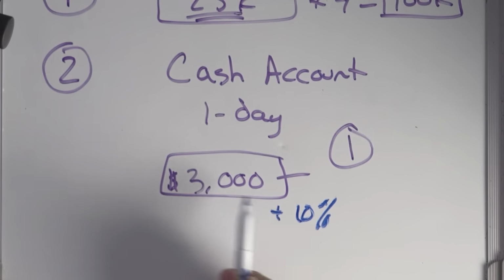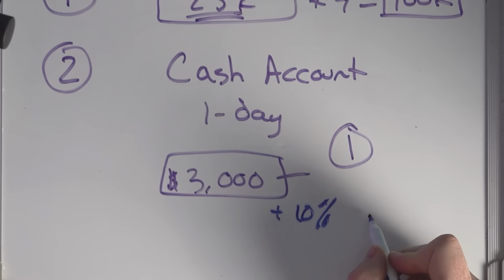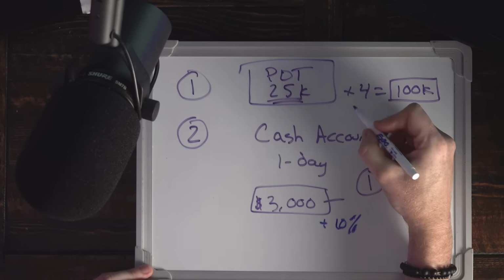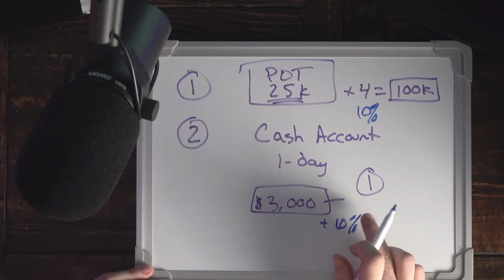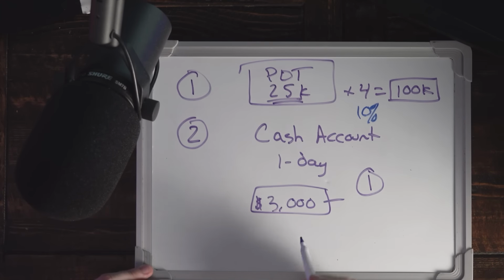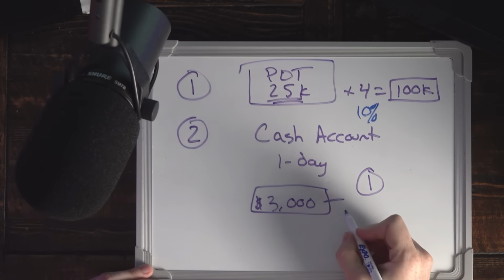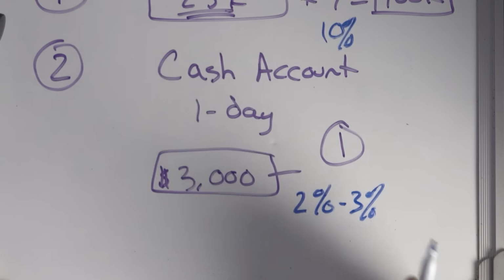But for me, I'm usually doing it not with a cash account, but with a margin account. So I could actually take 3 or 4 trades, or I could take 100 trades if I want to. But when I'm thinking about 10% in one day, I'm thinking about doing that with a PDT margin account. So with a cash account, because you can only get 1 trade a day with that sort of balance, realistically I'm thinking 2%, maybe 3% per day.